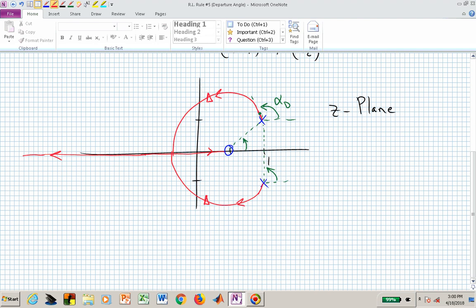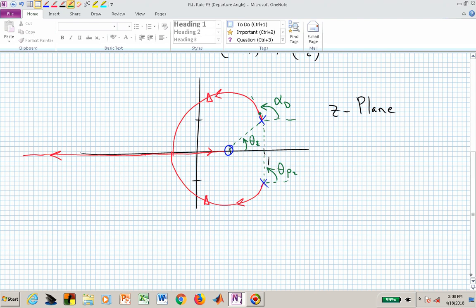Here we really only have 3 angles that we're working with. Let me call this lower angle theta sub p sub 2. This upper pole angle we're calling alpha sub d, just to make sure that we know that's the angle of departure. And here is the angle from our finite zero up to that pole in question.